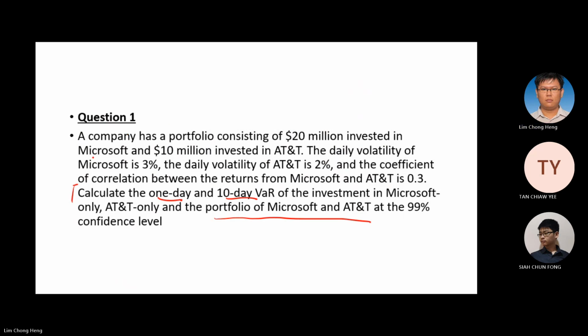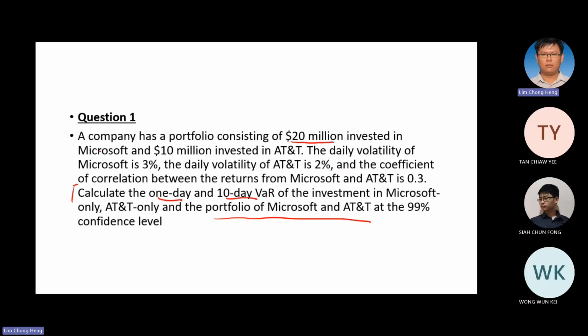So, a question says a company has a portfolio consisting of 20 million invested in Microsoft and 10 million invested in AT&T. They have a daily volatility of 3% in Microsoft and daily volatility of 2% in AT&T. The correlation coefficient between Microsoft and AT&T is 0.3. The question asks you to find 1-day and 10-day VAR for the individual stocks and the portfolio.